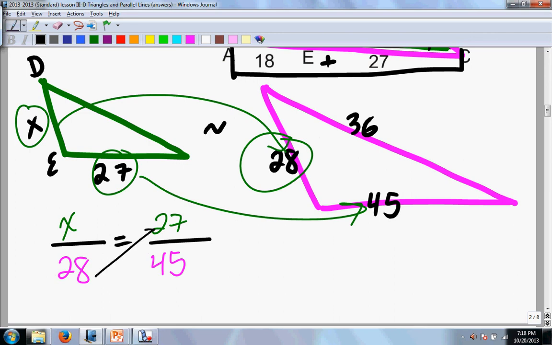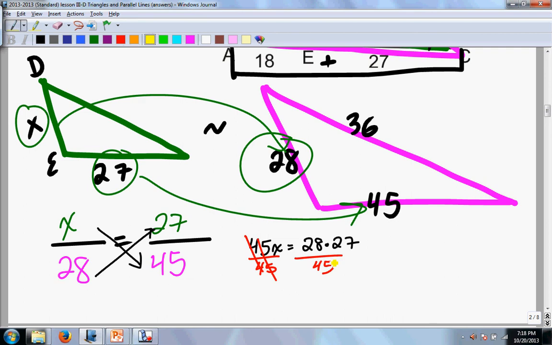Don't even dream of getting a calculator right now. Hands off the calculator. Just because there's 2 digits here does not make this harder. 45x equals 28 times 27. Don't panic. Relax. No calculator. Watch carefully. We're going to get x by itself.